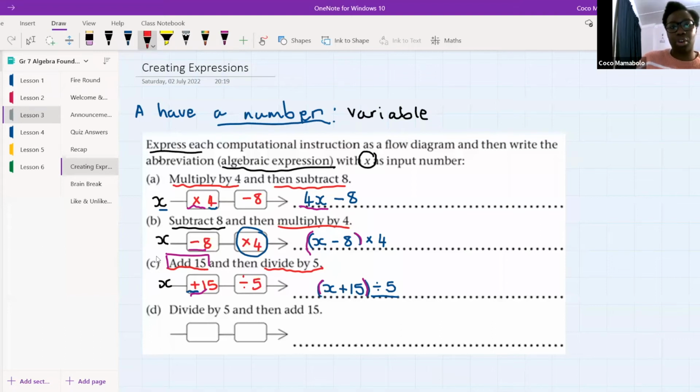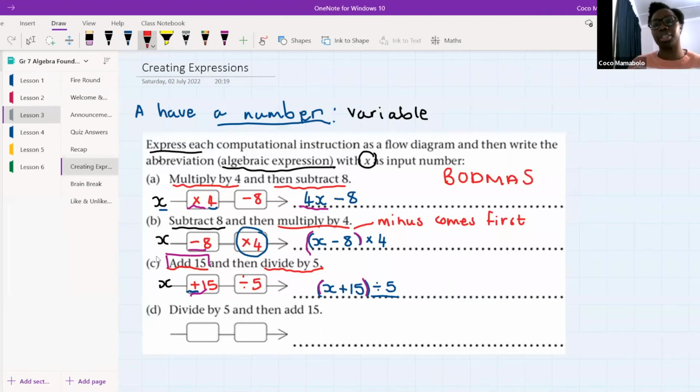Over here, minus comes first. But over here, it doesn't matter, because if I look at BODMAS, can you tell me in the chat? Or let me ask Amahle. Amahle, can you unmute and tell me what BODMAS stands for? Juria, if you do BOMDAS or BODMAS, there's PEDMAS and PEMDAS, there's so many of them.